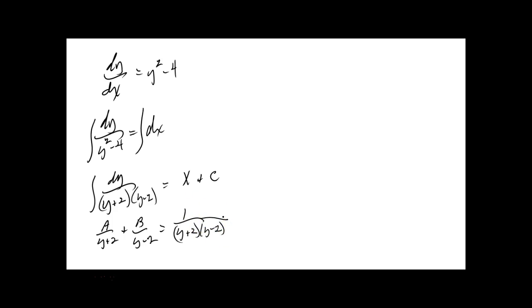You're looking for your a's and b's here. Goodness, my eyes hurt. Well, the trick here is to multiply both sides of the equation by y plus 2, and that yields you, no, I'm sorry.